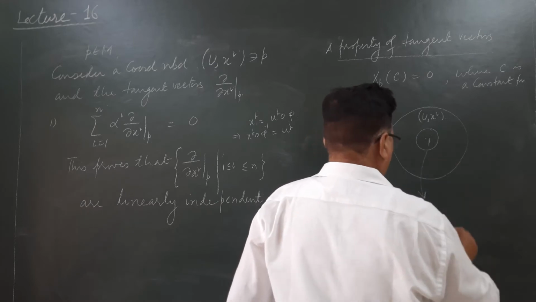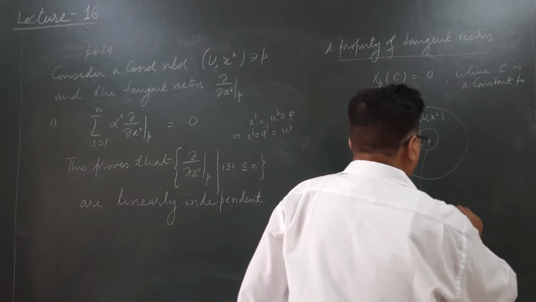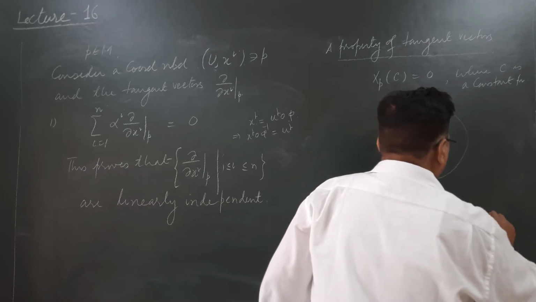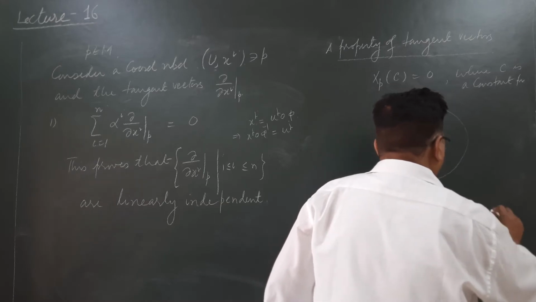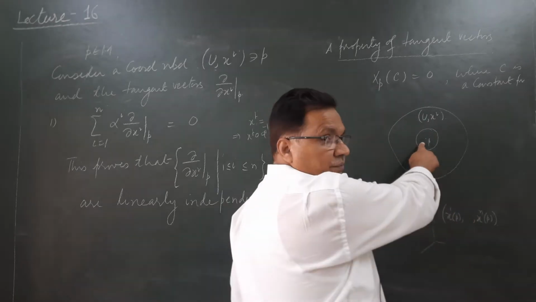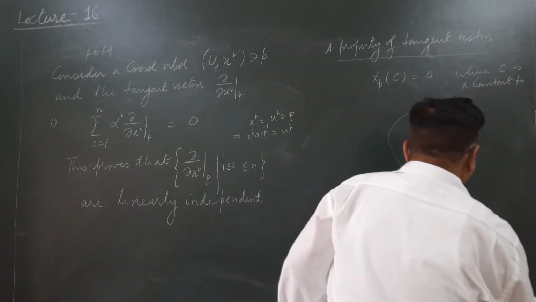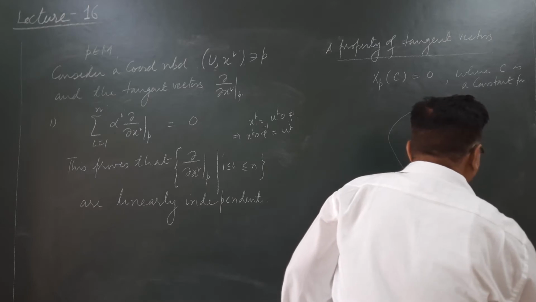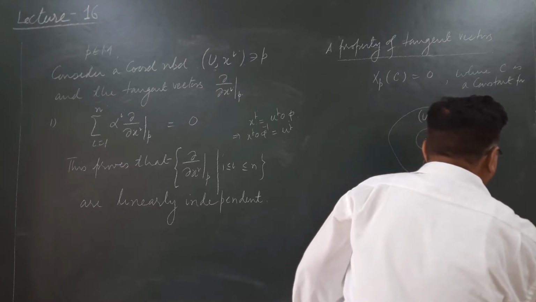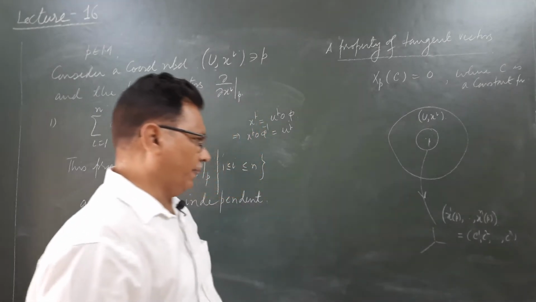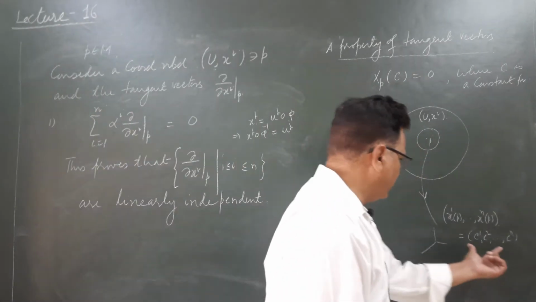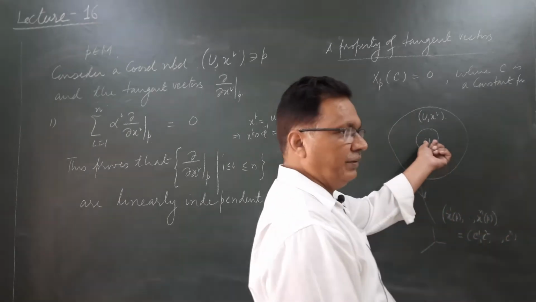So suppose x1(p), x2(p), xn(p), these will be the coordinates of the point P, and you better call them as C1, C2, C3, Cn. Okay. So this is an n tuple of real numbers, and these are the coordinates of the point P.